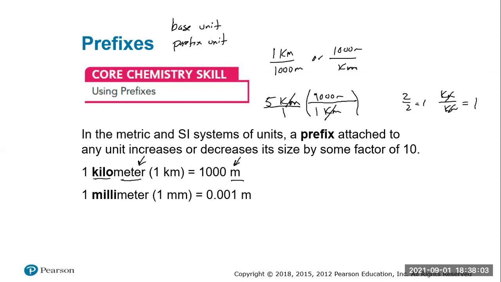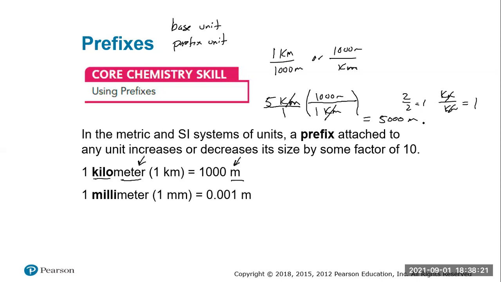We then would take 5 times 1,000 and divide it by 1. And that would give us 5,000 meters in 5 kilometers. So this is commonly what we use the conversion factors for.